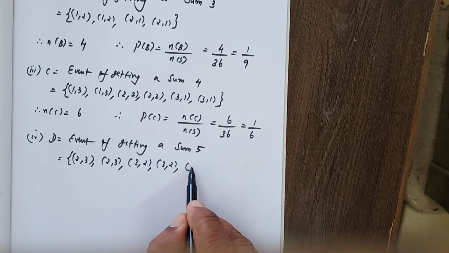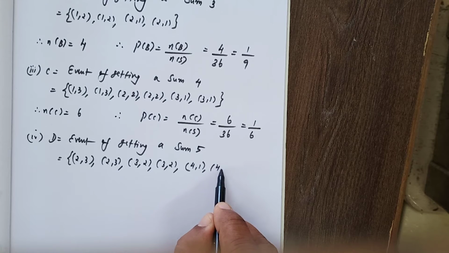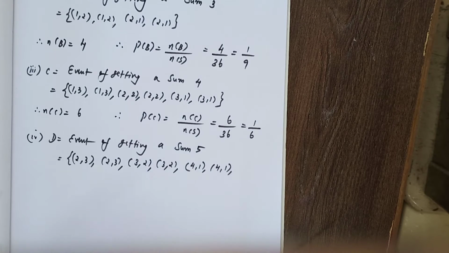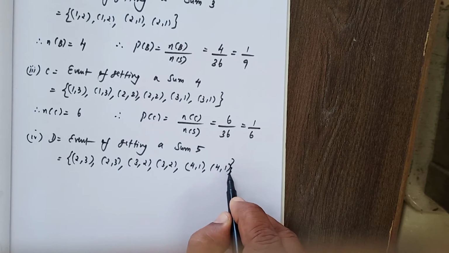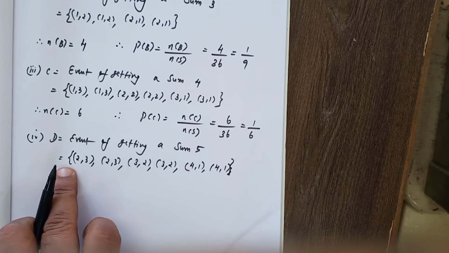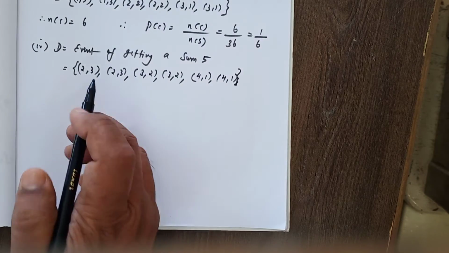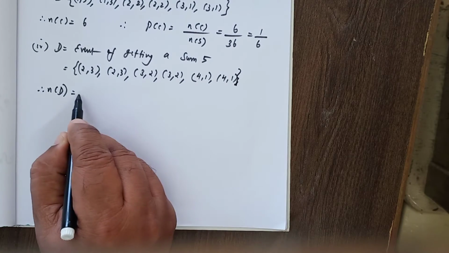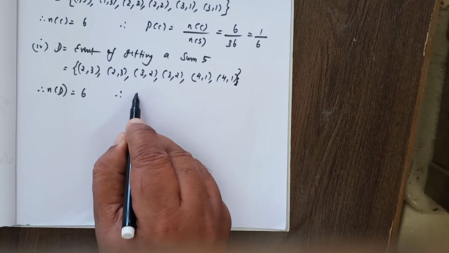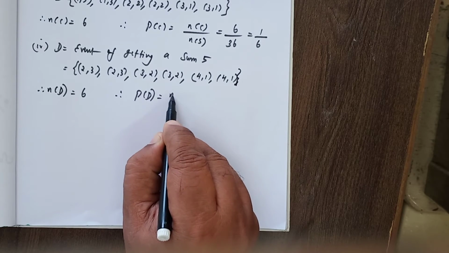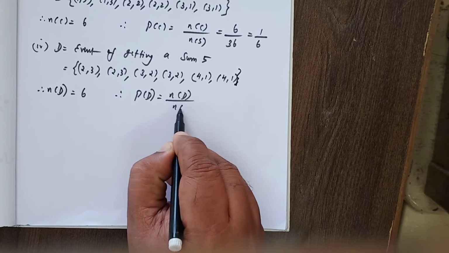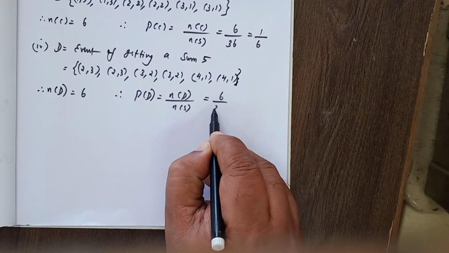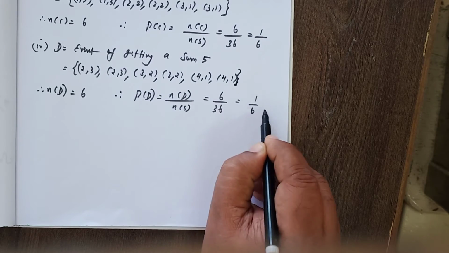Fourth row we have 4 comma 1, again 4 comma 1. That's all. Each and every one totals 5. Now n of D equals 6. Therefore P of D equals n of D divided by n of S, 6 divided by 36, which is 1 by 6.